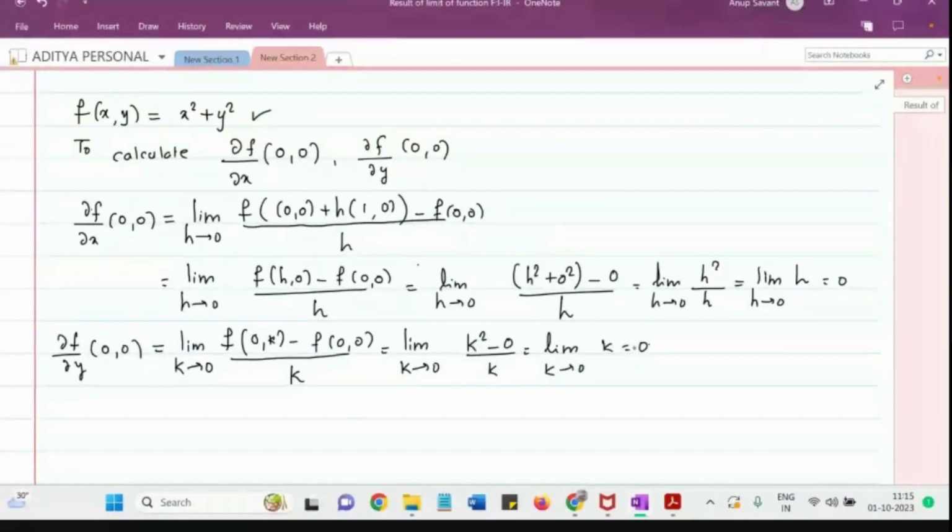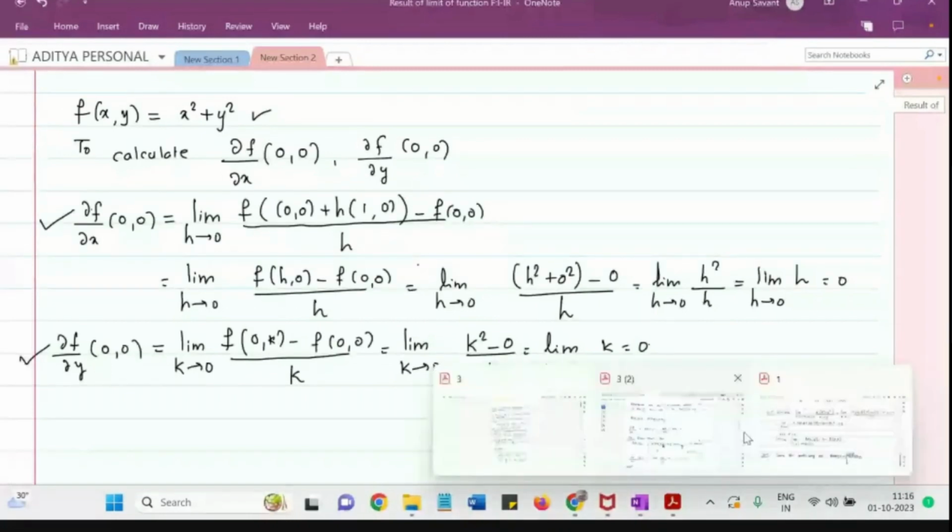So this is how you can apply the definition of directional derivative in the direction of the standard basis, that is (1, 0) and (0, 1), to obtain the partial derivative of f with respect to x and f with respect to y. So that is the concept of partial derivative, theoretically.